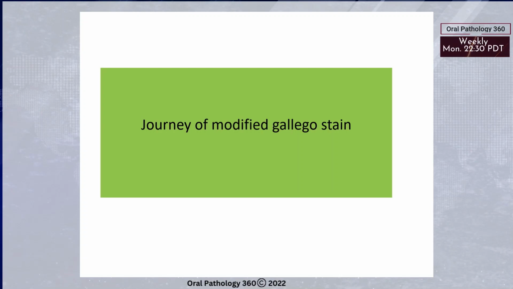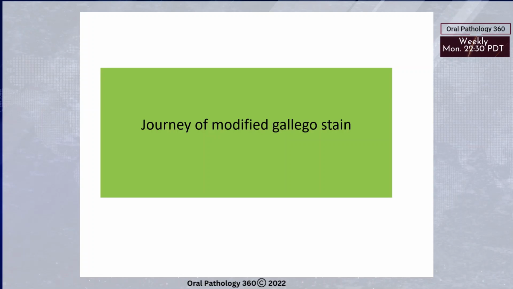So basically in 2011, there was a national conference and PGs came and asked what topic we should choose. So Dr. Avinash said everyone should take up a new stain or a stain already existing and make it something new.